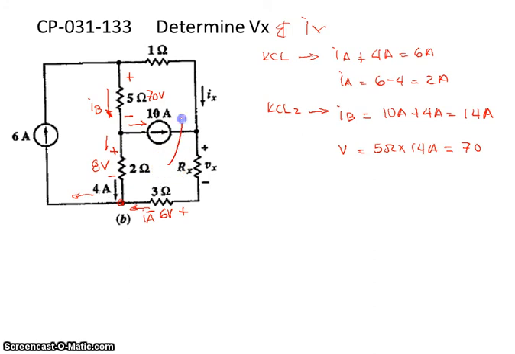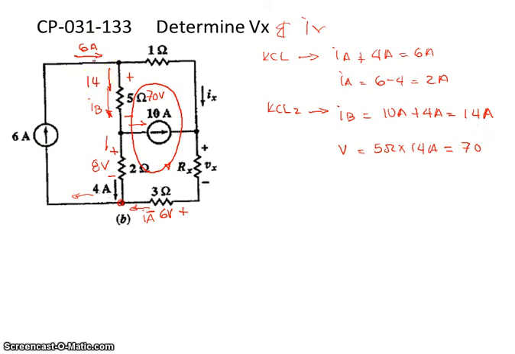I'm going to apply Kirchhoff's voltage law around this loop, but I still need to know this value, and so now I know that I have 6 amps this way, and that I sub B was 14 going this way.